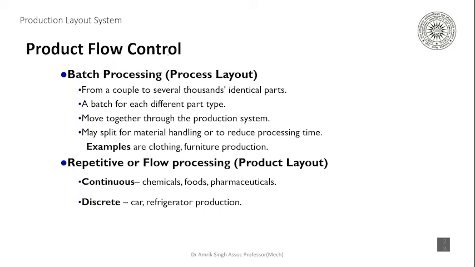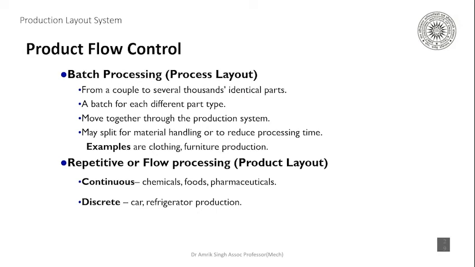And you see in the production flow control, we can have this kind of batch processing or flow processing. If we have the batch type of processing, we follow the process layout, where from a couple to several thousand identical items can be made in the batch.